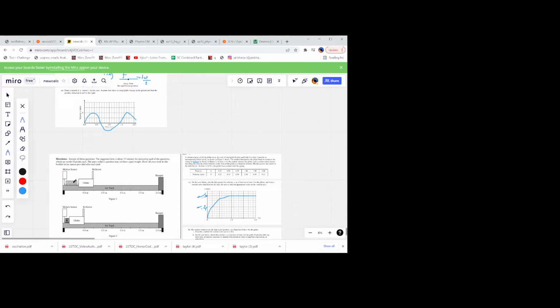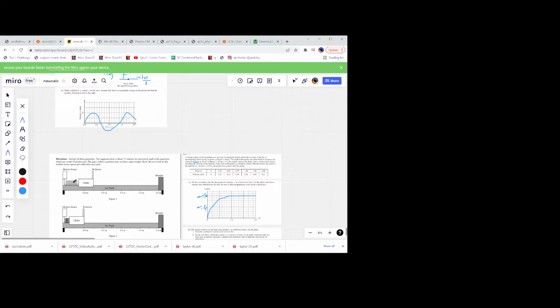Or I'm completely off base. This is actually a hard question. I have to think about it. Would it only go to equilibrium length? I don't know.